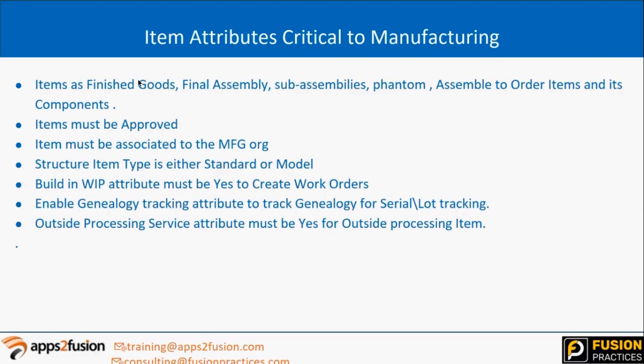Okay, and these setups are the item and item attribute setups, which are very critical to a manufacturing implementation. So here, whether you define the item as a finished good, as a final assembly, sub-assembly, phantom, assemble to order, whatever item you define, all the items that are defined must be approved.